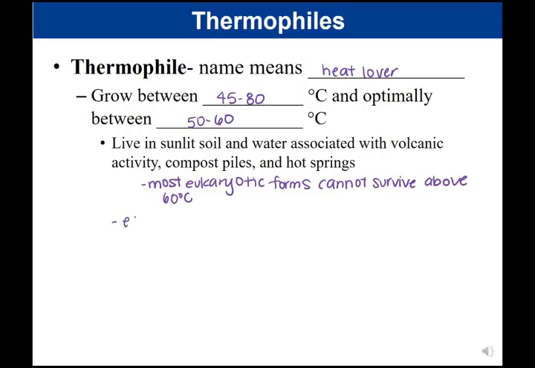Again, if we call an organism an extreme thermophile, they grow between 80 to 121 degrees Celsius. So they might be able to tolerate the autoclave, for example, which we'll talk more about later.